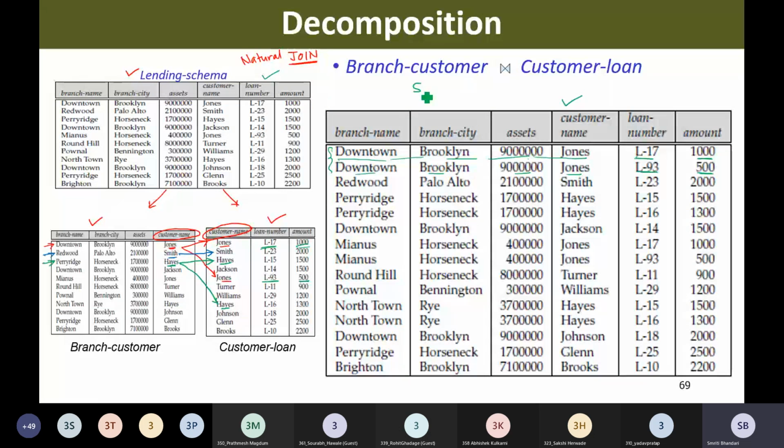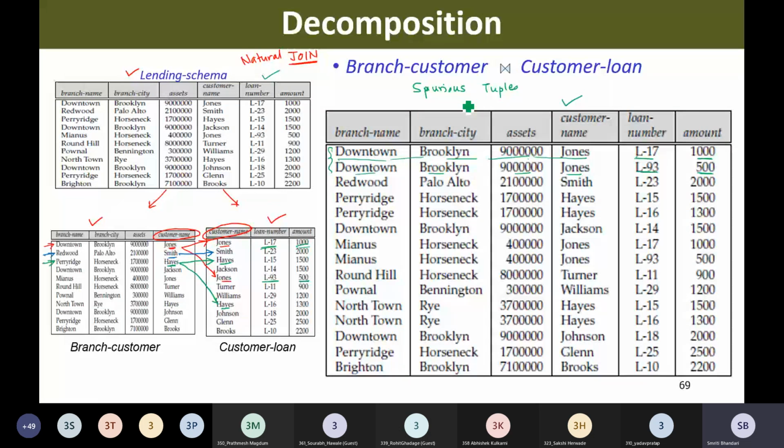The spurious tuples are the unwanted tuples or the invalid data that is not actually there in our original relation, but my join has such data that does not exist at all. The data that does not exist in our original relation.